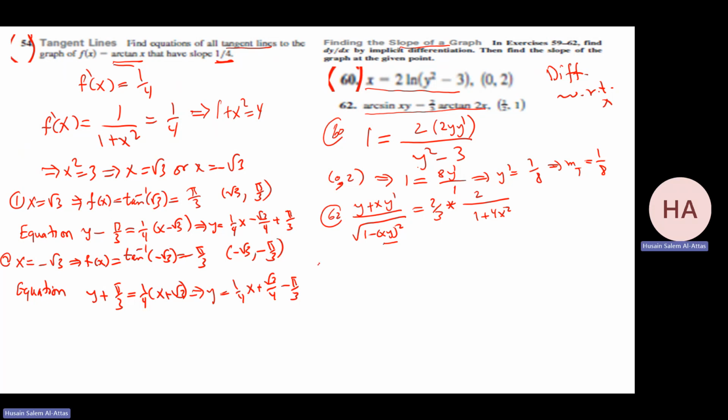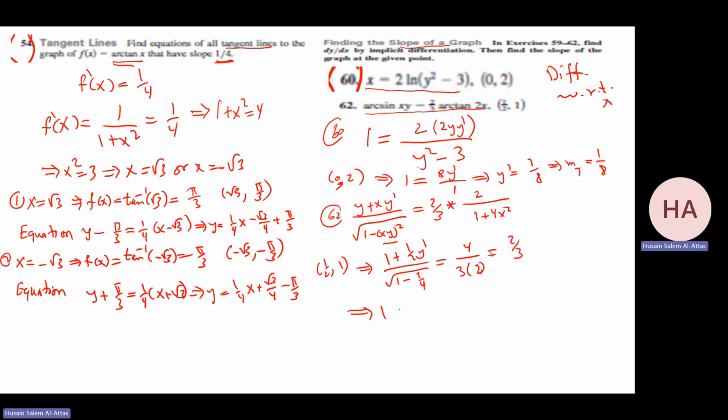Now I have the point half and 1. So that implies 1 plus half y prime over square root of 1 minus 1 over 4 equals 4 over 3 times x, which is half, 2 over 3.